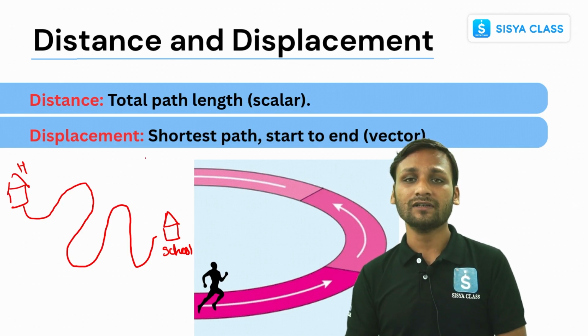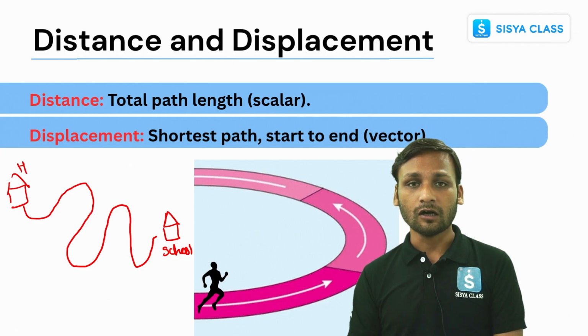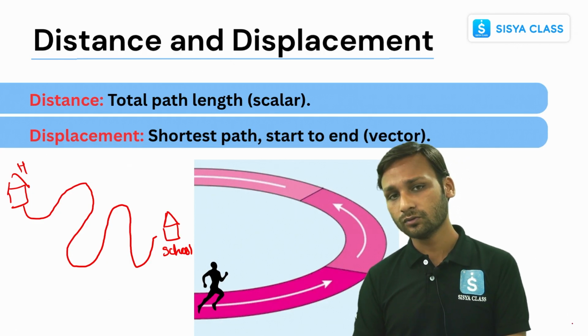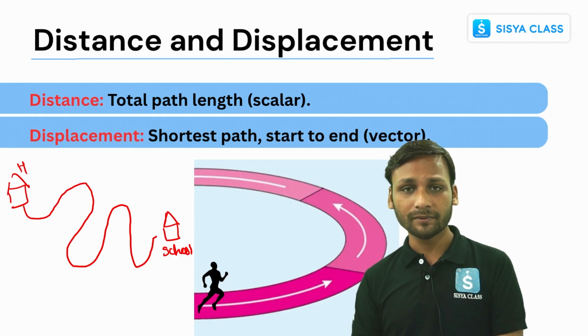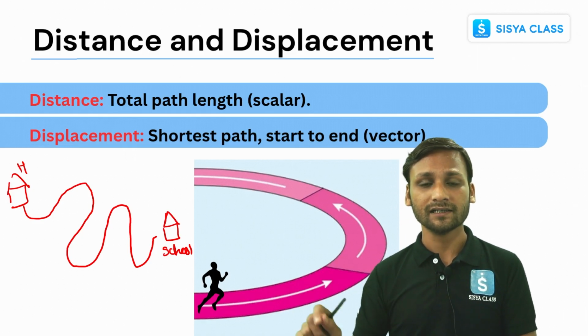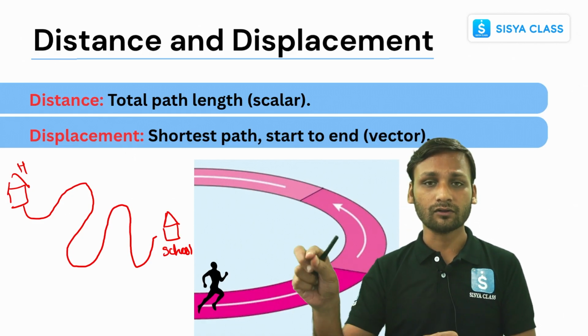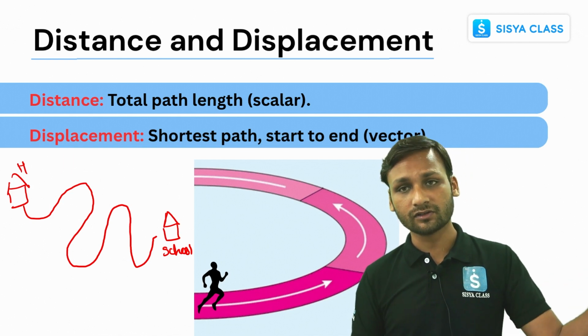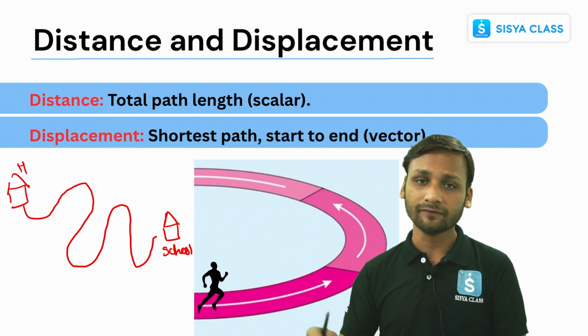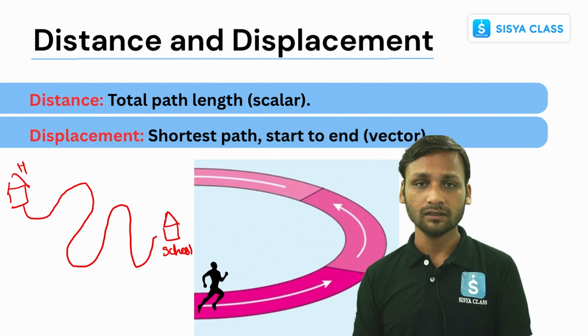If someone asks you, let's say your friend asks you, how much you have traveled from your home to school? You will say 500 meters, right? But you have traveled on the road, right? The road has some turns, first left, right, then finally you have reached your school. Right?